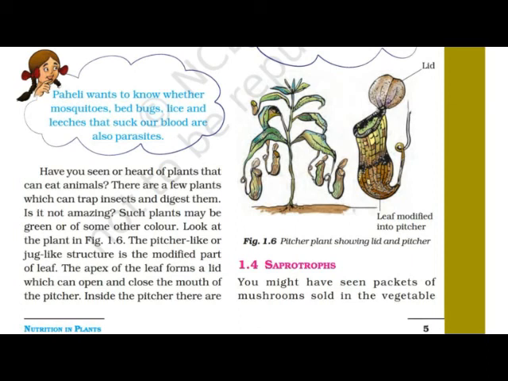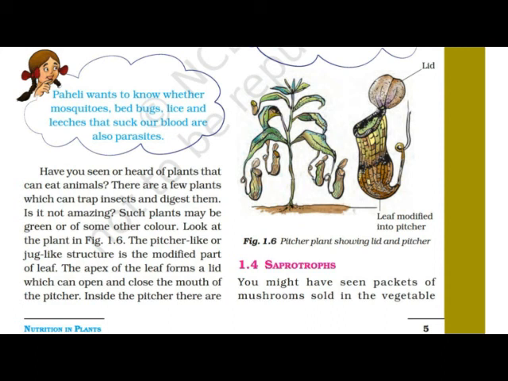We have also seen point 1.3, other modes of nutrition in plants, that is the heterotrophic mode. We have seen the example of Cuscuta, that is Amarvel. Cuscuta is known as a parasitic plant, and the plant on which Cuscuta climbs is called the host.